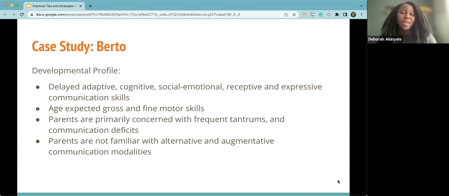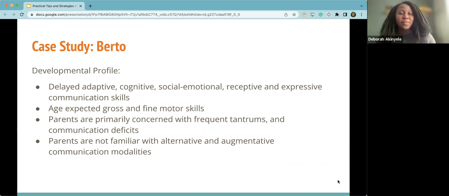And there are going to be lots of instances where parents will need to see practical examples of how AAC can be beneficial. With some families who are bilingual or multilingual, they're concerned that being exposed to more than one language can impact their child's ability to acquire language. Sometimes some parents are concerned that the use of AAC might impact their child's ability to speak.